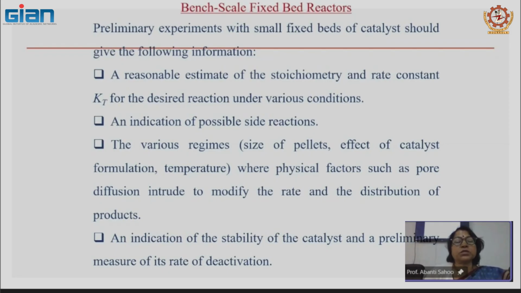So, we should have the following information: a reasonable estimate of the stoichiometry and rate constant, and an indication of possible side reactions, because before designing we should have some background knowledge.